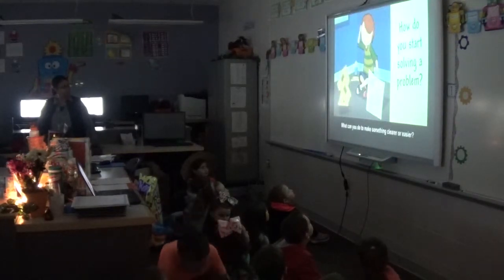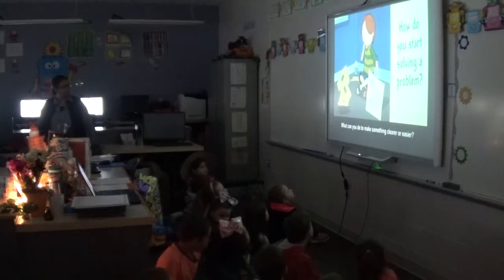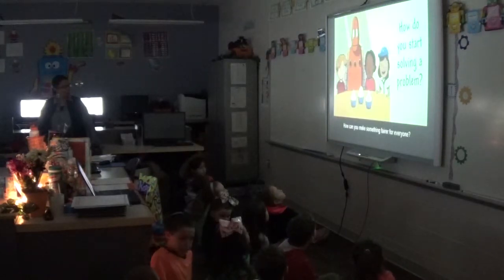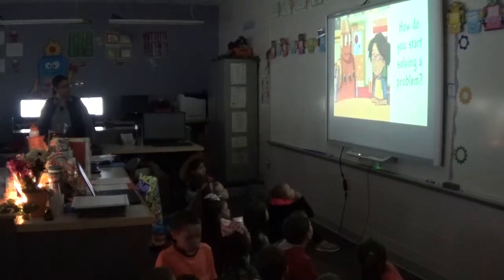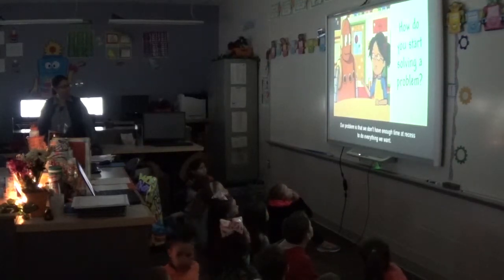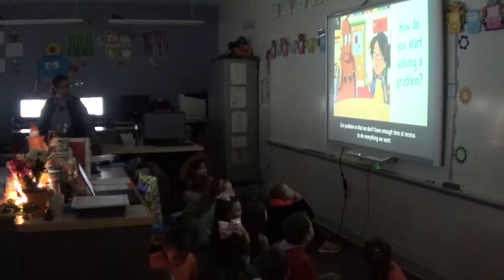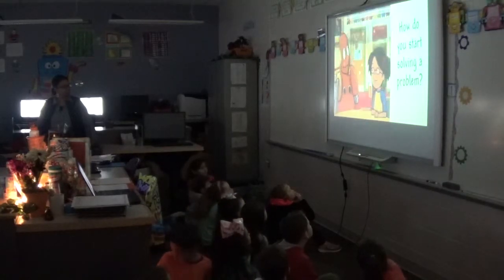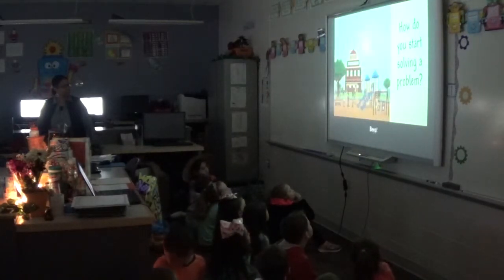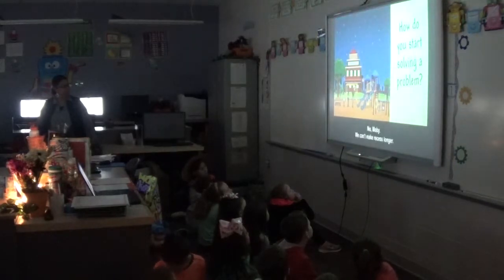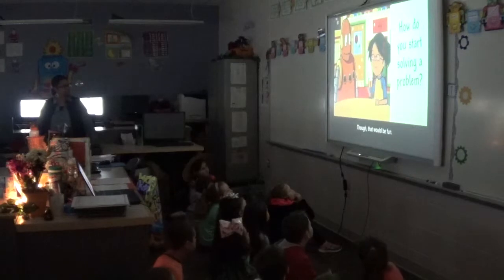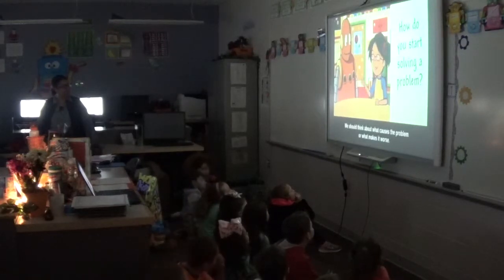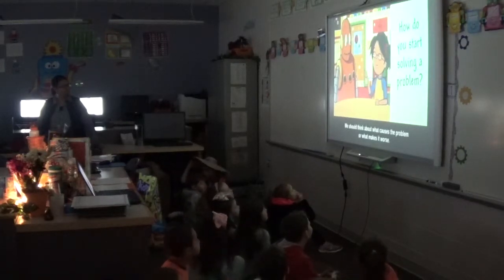What can you do to make something clearer or easier? How can you make something fairer for everyone? Our problem is that we don't have enough time at recess to do everything we want. No, Moby, we can't make recess longer, though that would be fun. We should think about what causes the problem or what makes it worse.